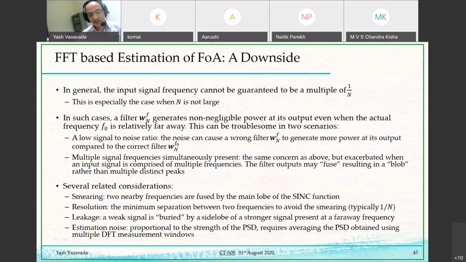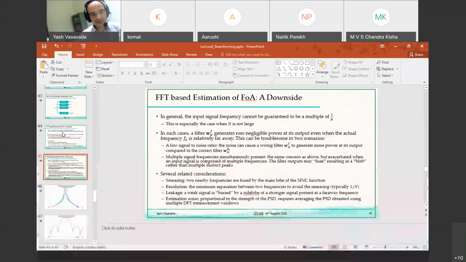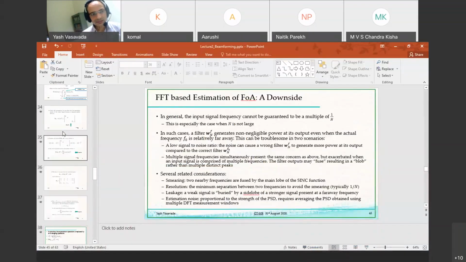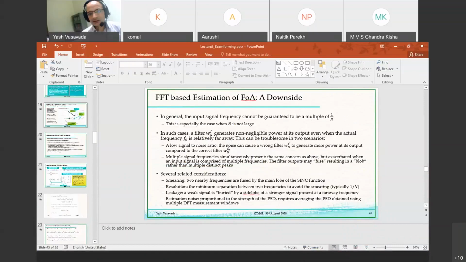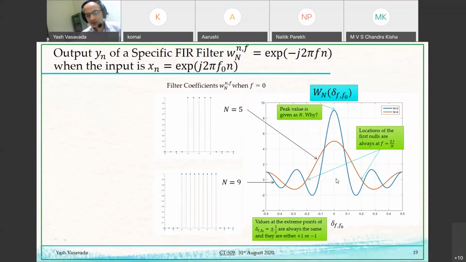The sinc function is telling us the output of the filter when the filter is fed with some frequency which is different from the filter frequency. This is the plot that I am looking at. Here, this is delta of f and f naught.